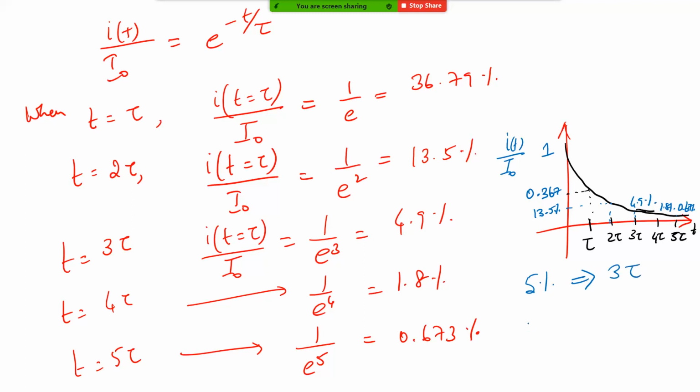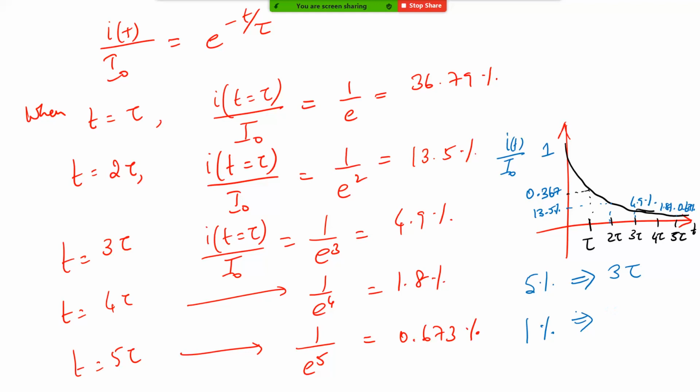Now somebody might come and say, no, I want 1% settling. That is, I would consider my system to have settled if the value of the signal reaches within 1% of the final value. Then how much time should we wait? 4.6 tau.